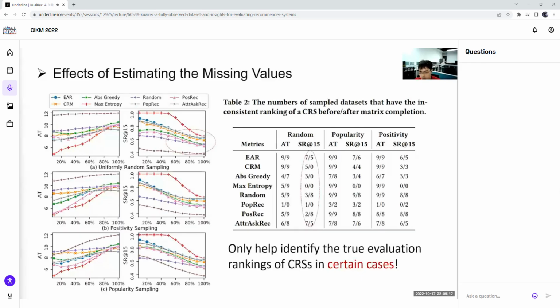However, in our experiments, matrix completion only helped to identify the true evaluation rankings in certain cases. If biases exist in the partially observed data, completing the missing values can bring additional errors and make the evaluation even less faithful. This result further demonstrates the necessity of our fully observed dataset for evaluating recommender systems.